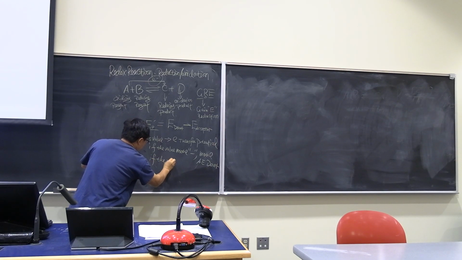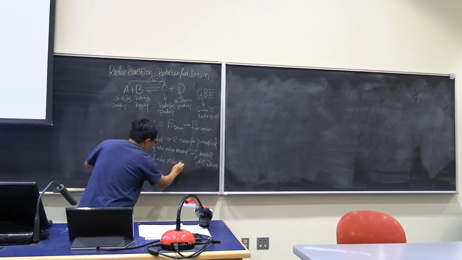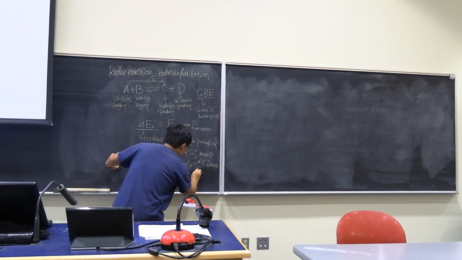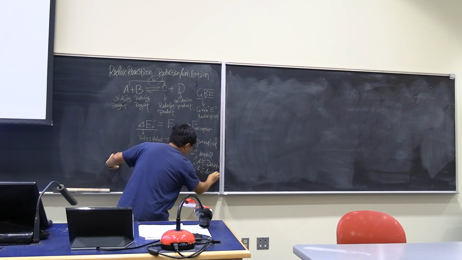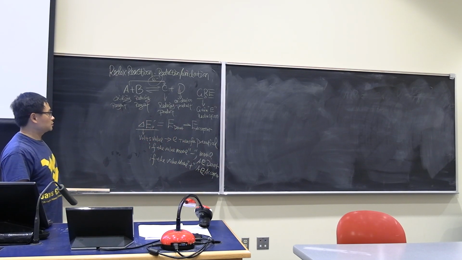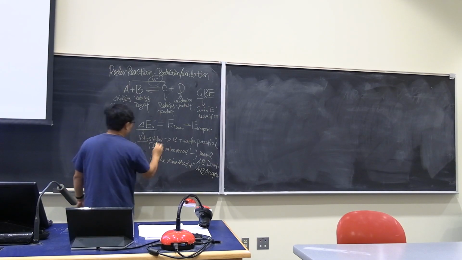If the value is more positive, it means it is more potentially an electron acceptor. That's what it is. They use the voltage value to measure that.